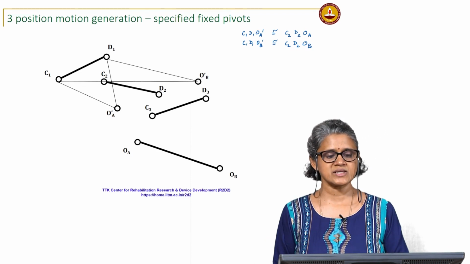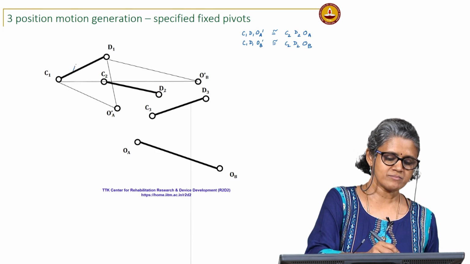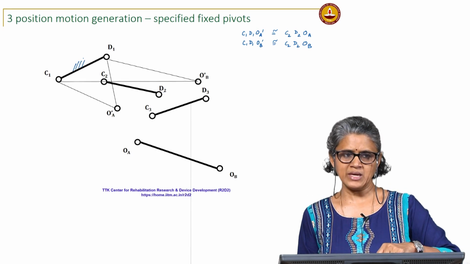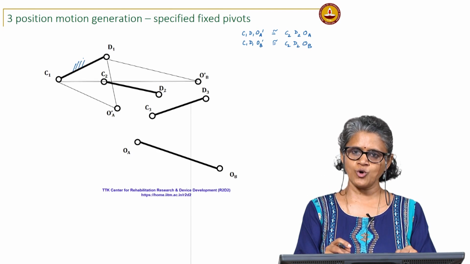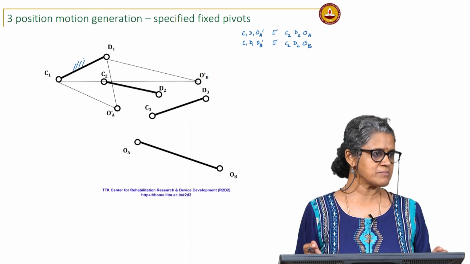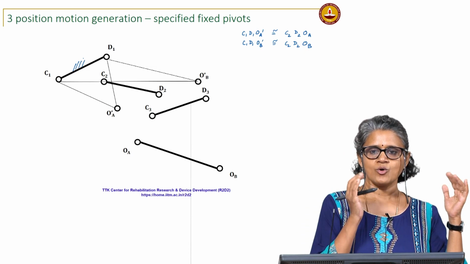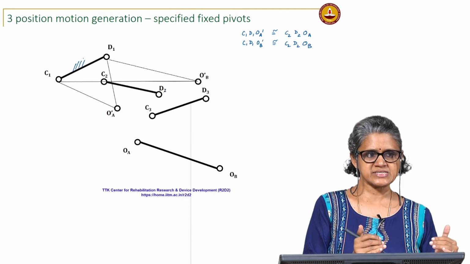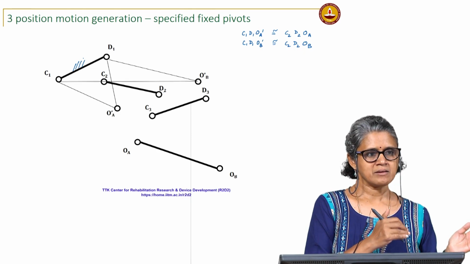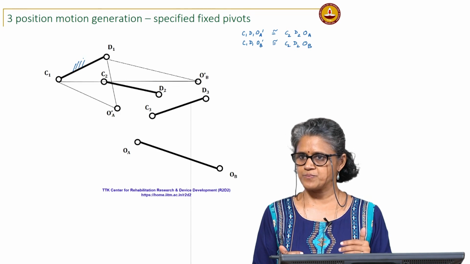Okay. So, I construct that, which means now even though I have not moved, if OA OB moves to OA dash OB dash, I maintain the same relative position. That is the same as OA OB remaining fixed and C1 D1 moving to C2 D2.